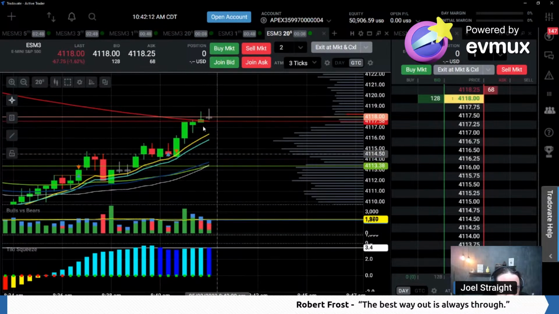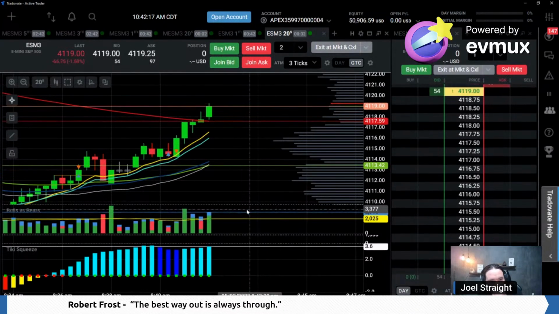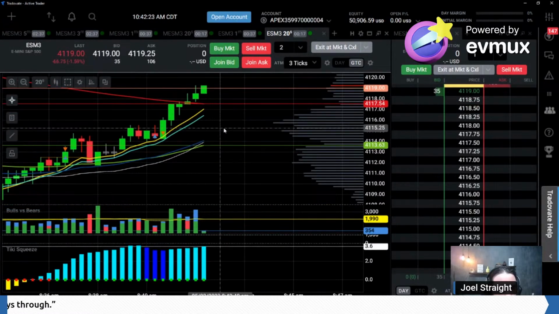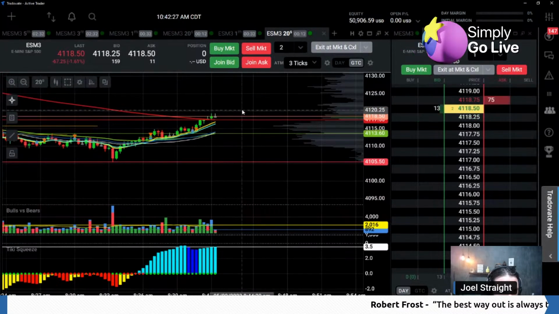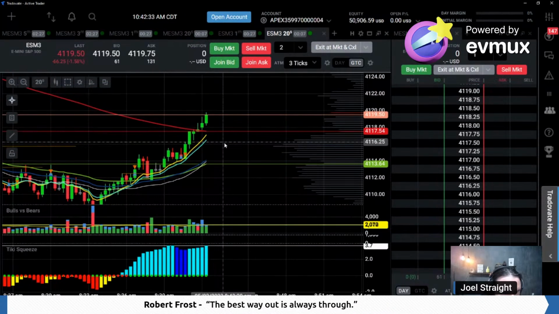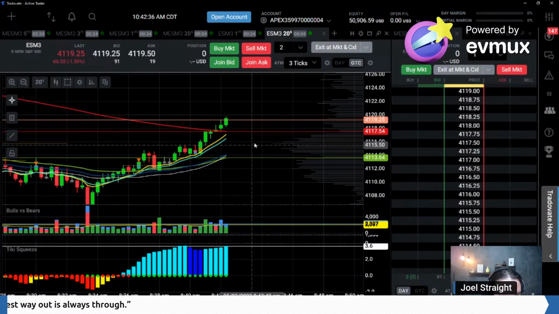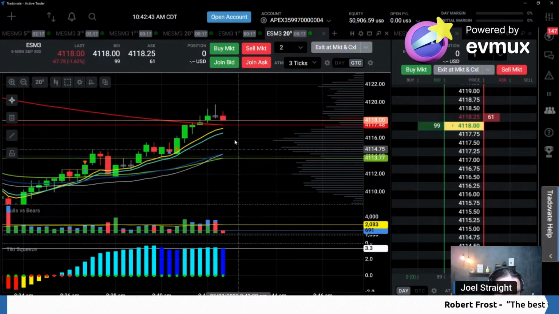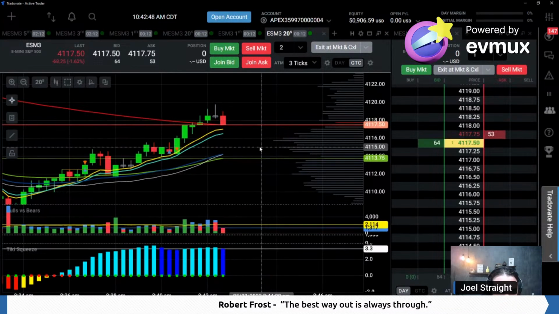I would rather this pull back and trade in this range while this moving average crossover sets up. $35 crossing above the 50, and pretty consistently staying above the 200 moving average on the 20-second chart.